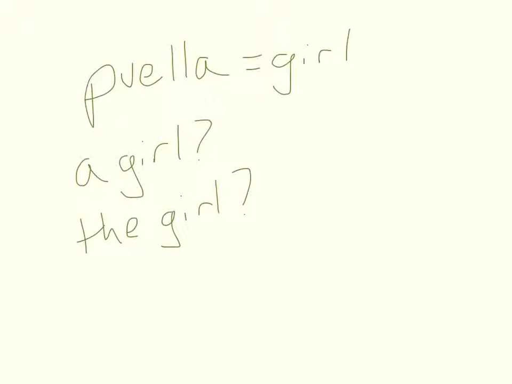If a girl's already been mentioned and it refers to puella again, perhaps we know that it's the girl. If a girl hasn't already been mentioned, we can think that maybe it's just saying there's a girl in the picture. So you need to use the contextual clues to figure that out. But really, it's a tiny difference, and in many ways it's easier in Latin than it is in English.